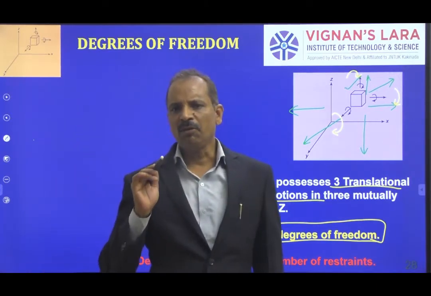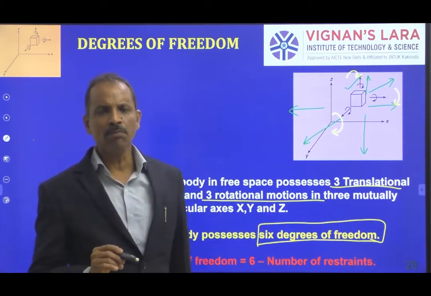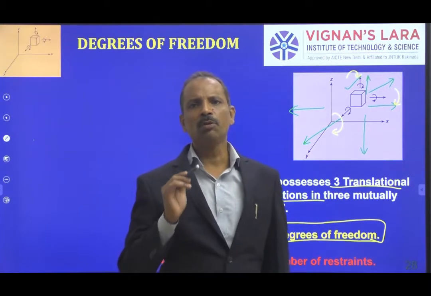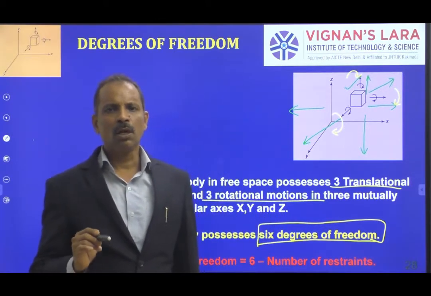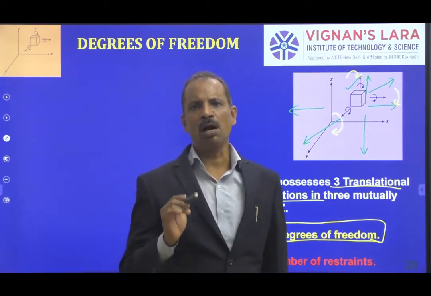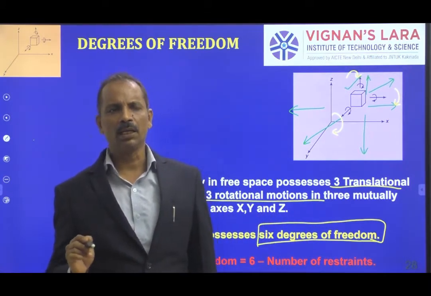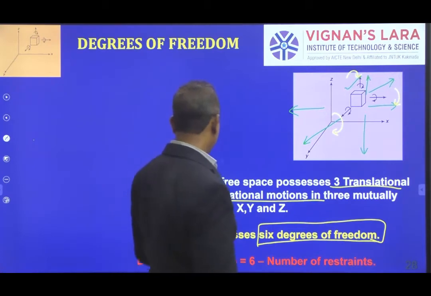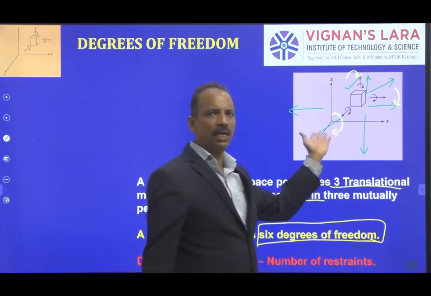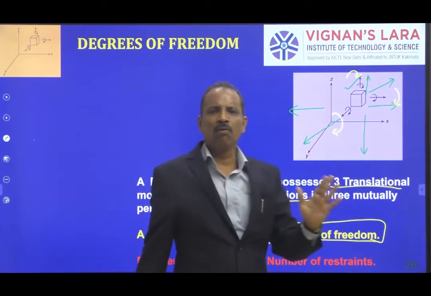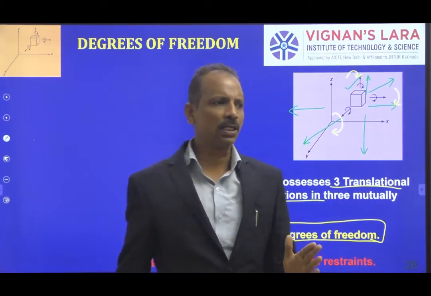So if you want to form a mechanism, one of the links should be fixed. That means the motion of one particular thing has to be constrained, either the x direction or y direction or z direction, or whatever it may be. One of the motions has to be constrained.